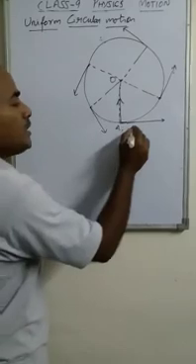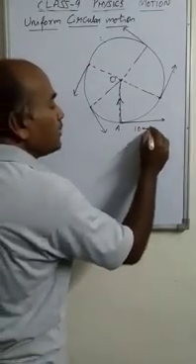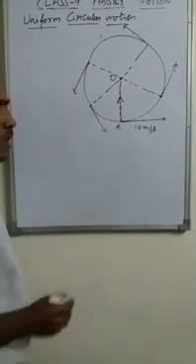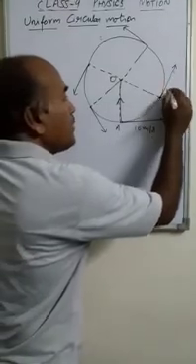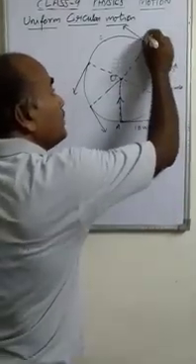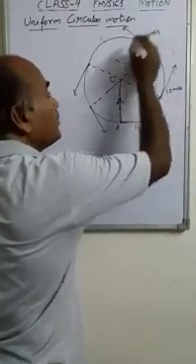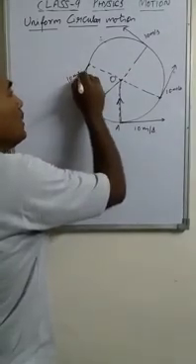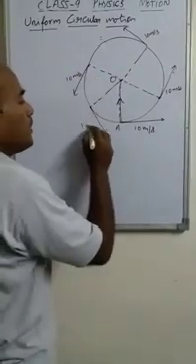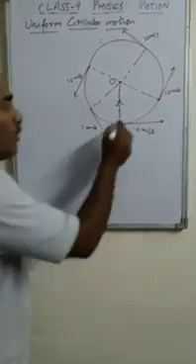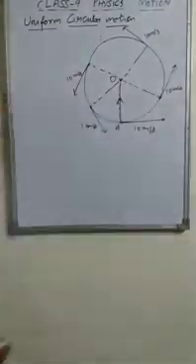Suppose the object is traveling with the speed of 10 meter per second. At every instant its speed is 10 meter per second. Means the speed is the same throughout the motion. At all the points the speed is constant.